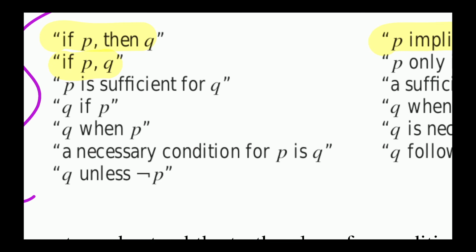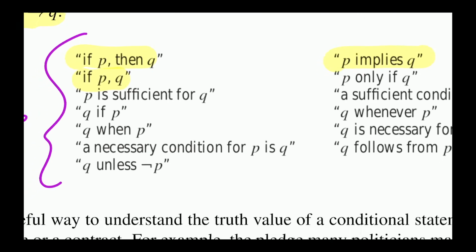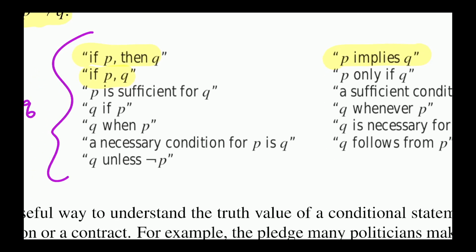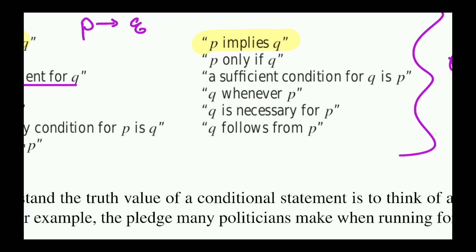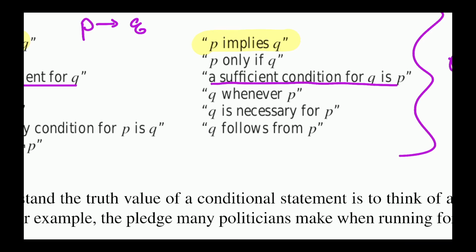Now, the next couple are going to show you something. So in this statement here, I'm going to say P implies Q. And it says P is sufficient for Q. And here it says a sufficient condition for Q is P. So in both cases, notice that when it says sufficient condition is P, right?